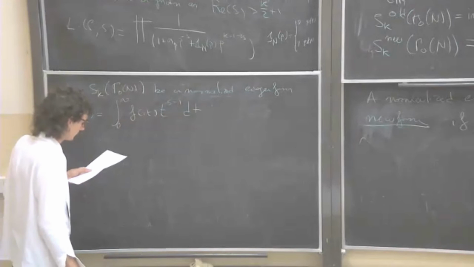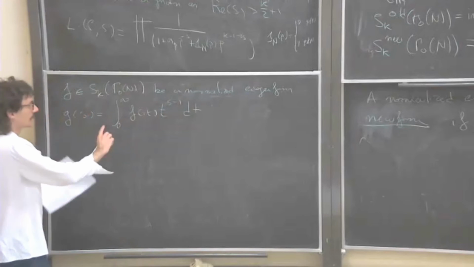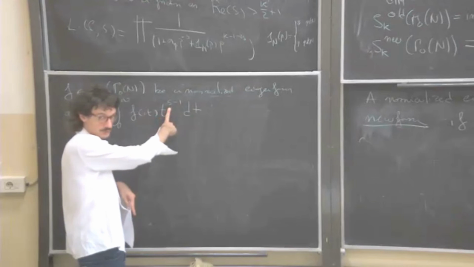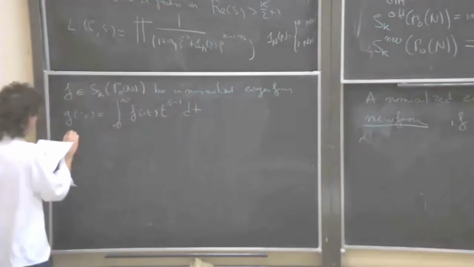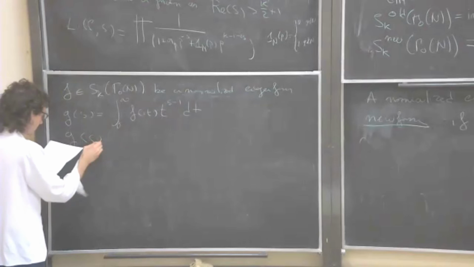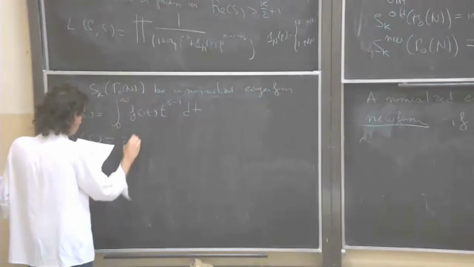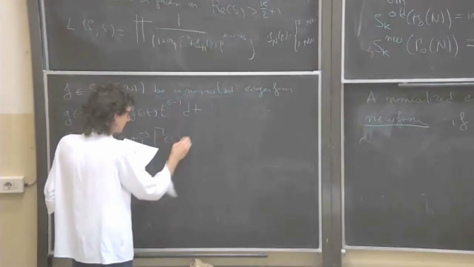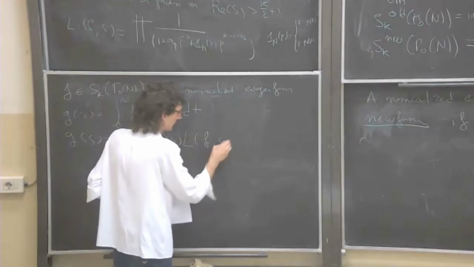Then, first of all, whenever s is such that this integral is well defined and convergent, we immediately have that g(s) is equal to (2 pi)^(-s) Gamma(s) times the L function of f evaluated at s.